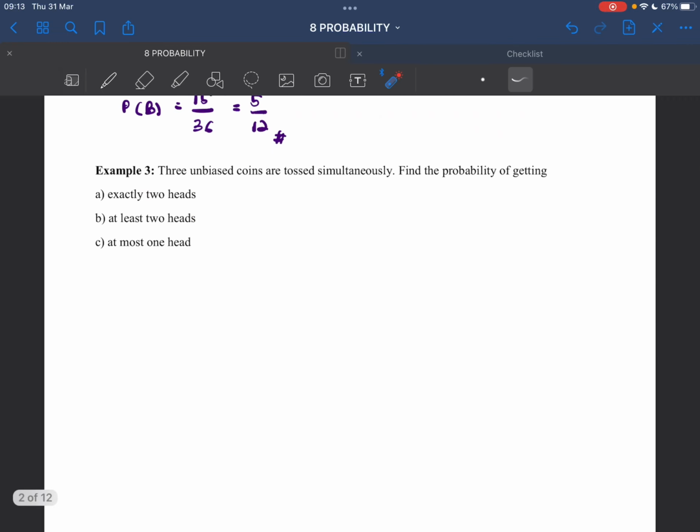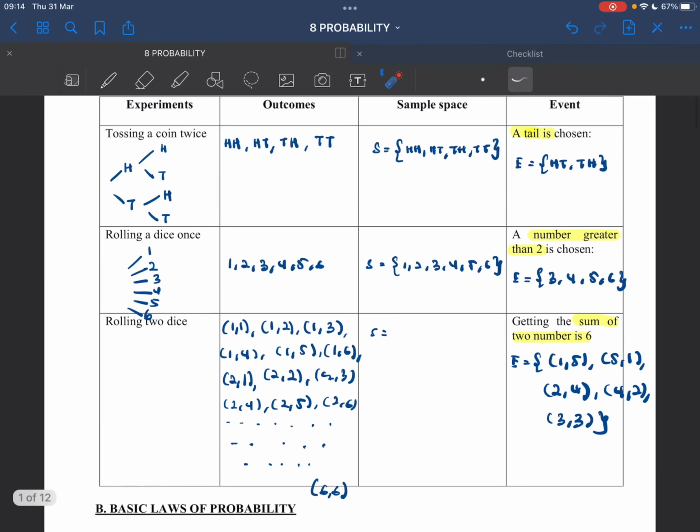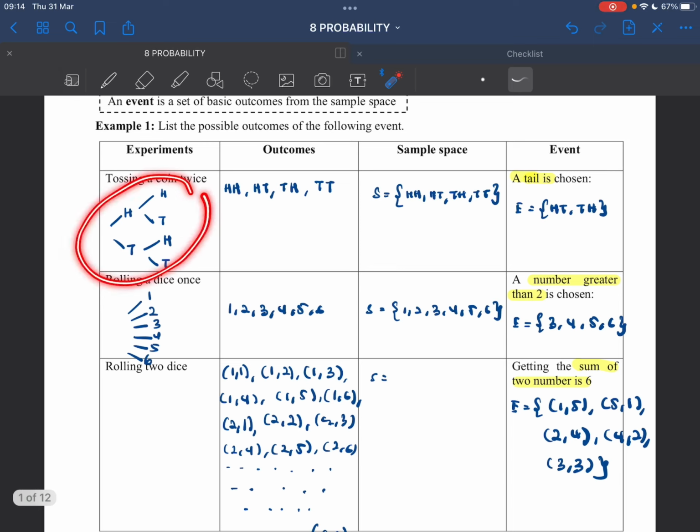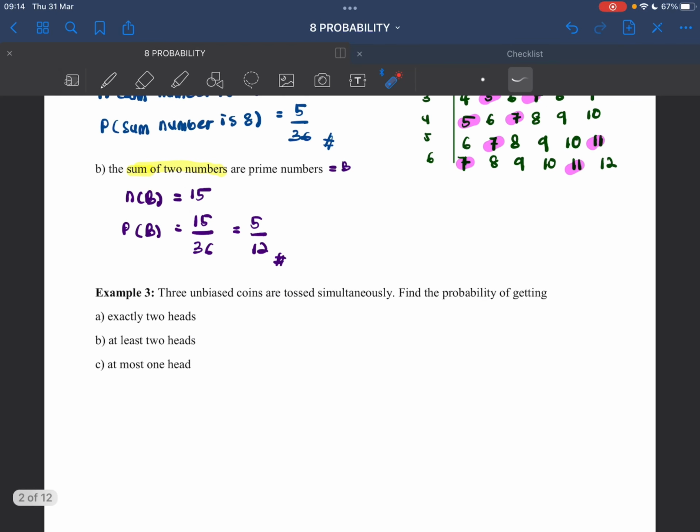So here we have 3 unbiased coins. One of the ways to do this is by doing your tree diagram, as what we have done earlier. As I said, this is your first toss, this is our second toss. But in this case, 3 unbiased coins are tossed simultaneously.